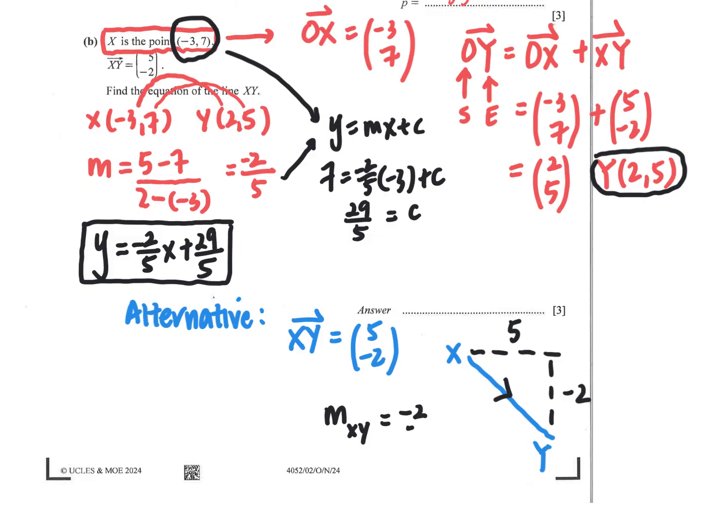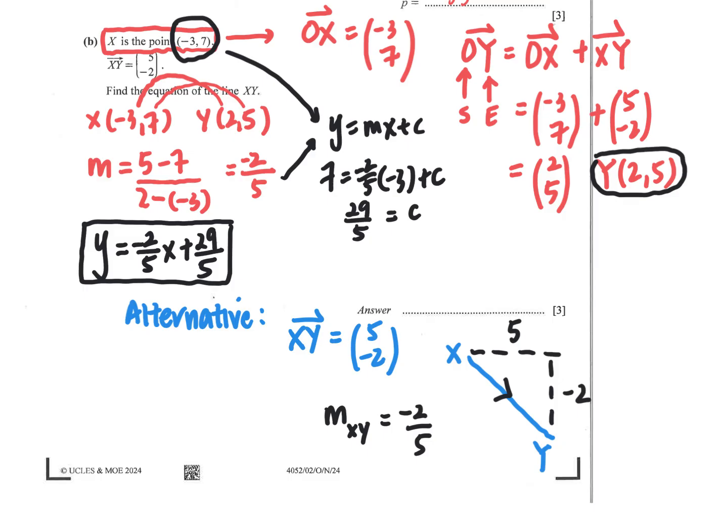Minus 2 divided by 5. So actually, when they tell you this, you can find the gradient by using the y divided by the x straight away. I don't even need to find Y. When they give you XY, they are telling you the gradient is -2 divided by 5. So I can skip all this part of finding the coordinate of Y and then finding the gradient. This one is the longer way, this one is the shortcut. But you must know.